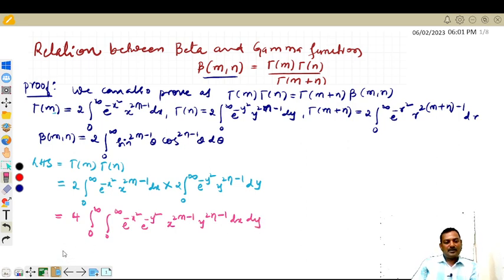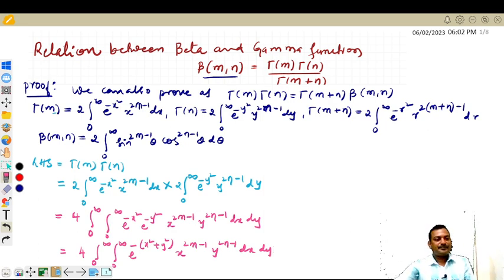Now, this can also be written as 4 times integral from 0 to infinity, 0 to infinity, e raised to minus, when bases are same, powers are added, x square plus y square into x raised to 2m minus 1 into y raised to 2n minus 1 into dx into dy.